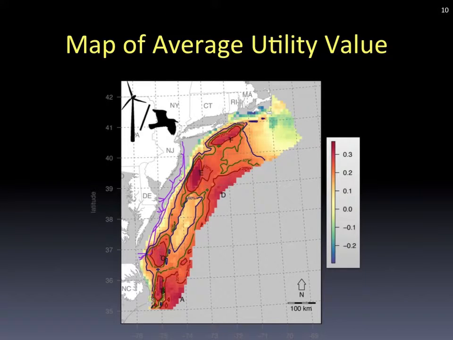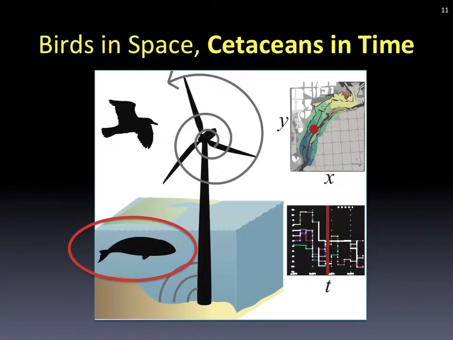We want that win-win scenario, so go to the upper right. Then we can look at the average utility of these sites, map that out, and we get a few little places that are discrete and separate. That's the average utility. So that's where to site based on long-term operational impacts to birds.